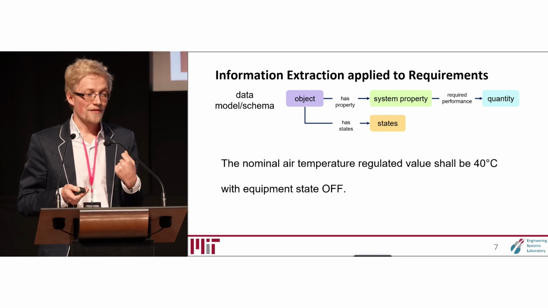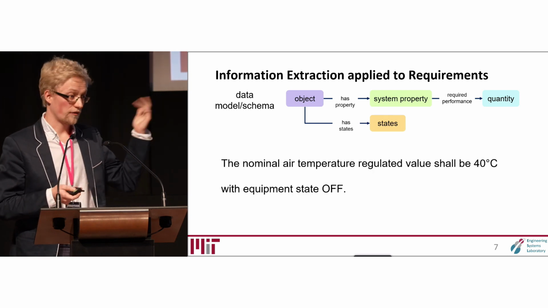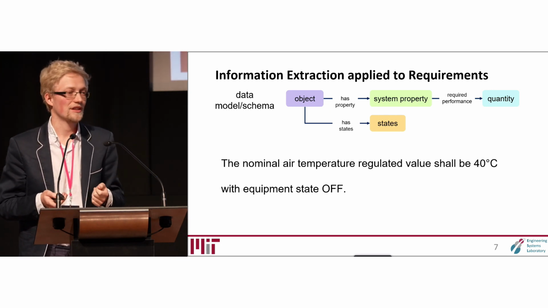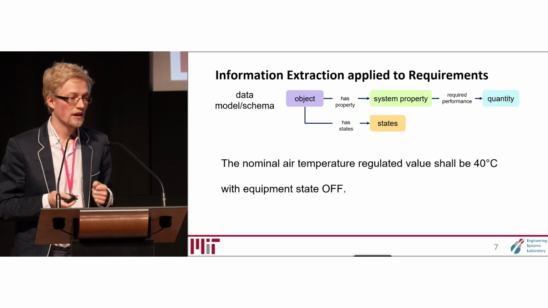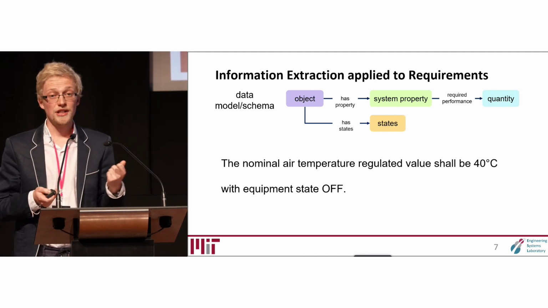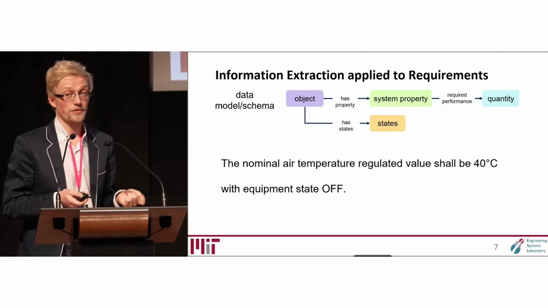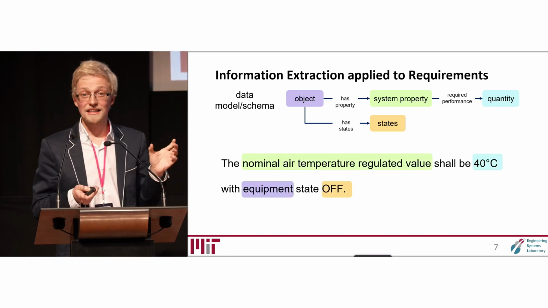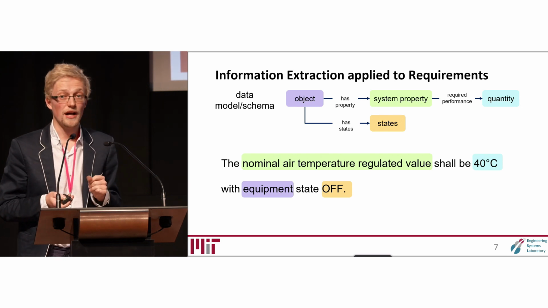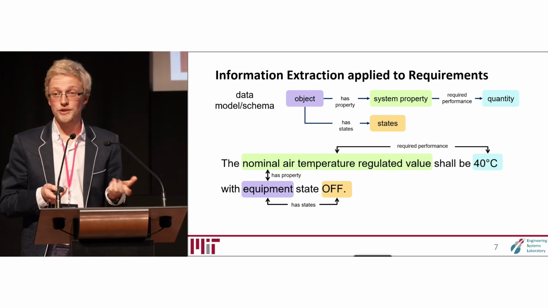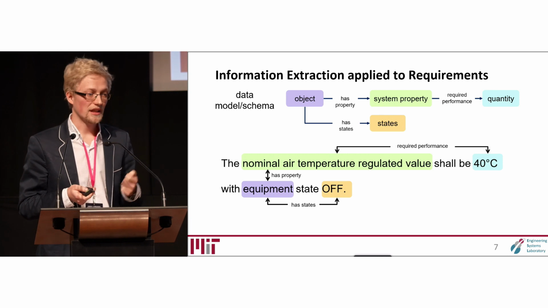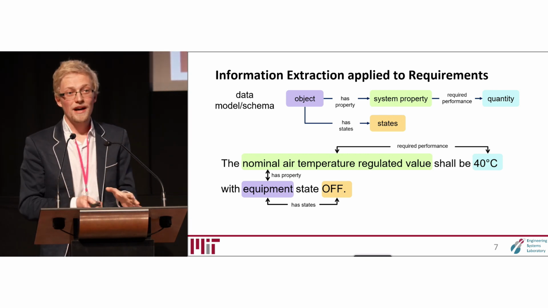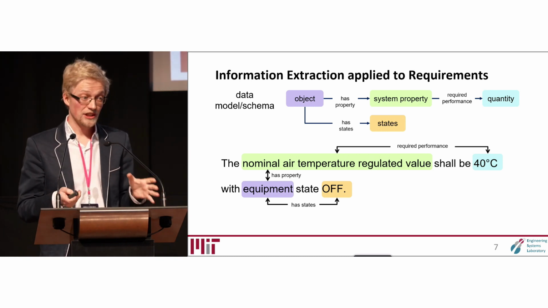And we have a requirement that looks like the following: "the nominal air temperature regulated value shall be 40 degrees with equipment state off." So what information extraction looks like in the context of a requirement is essentially what we saw on the previous slide: identifying the categories within that requirement correctly, and of course labeling the relations that can exist between them.